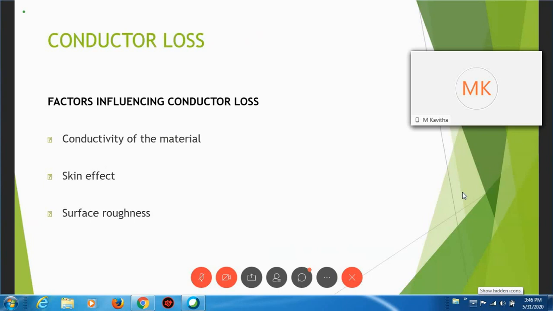Both of these effects together increase the resistivity of the conductor, so some loss is produced. This loss is called conductor loss. So based on two characteristics, the conductivity of the material as well as the skin effect, loss will be present in the microstrip. That's all about the first two factors.